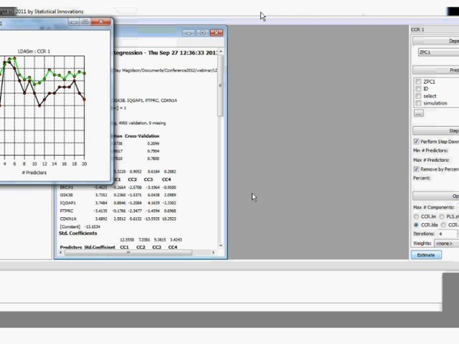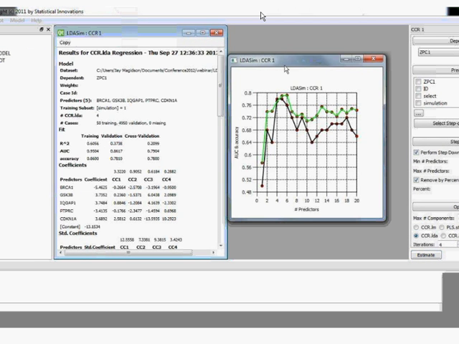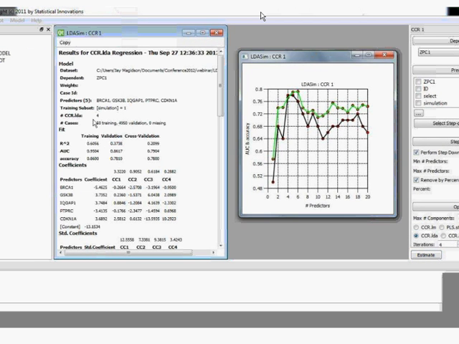Okay, so we see here in this particular analysis, 50 is the training sample altogether, 4,950 in the validation. And we see that the cross-validated accuracy is 0.78. And that occurs with 1, 2, 3, 4, 5 predictors.